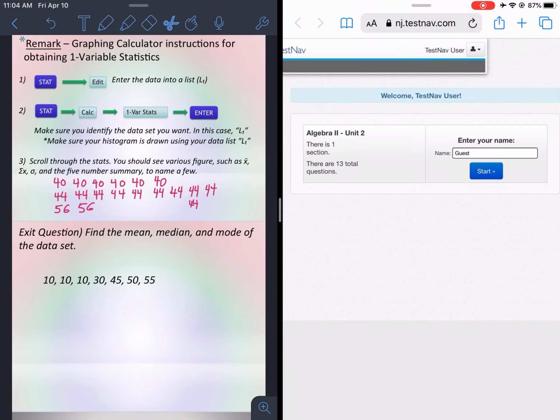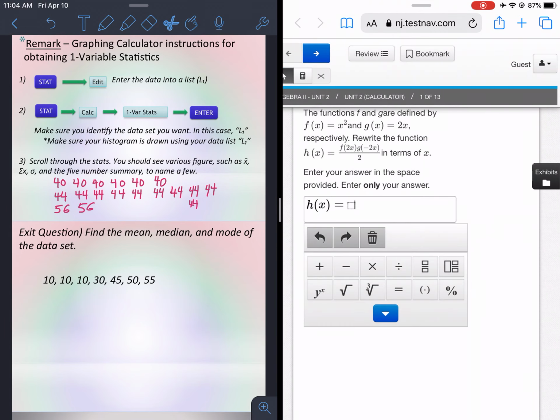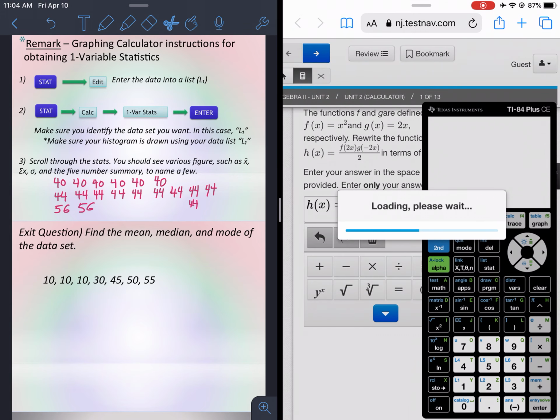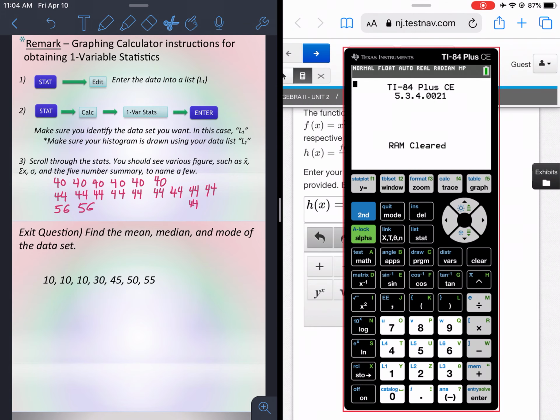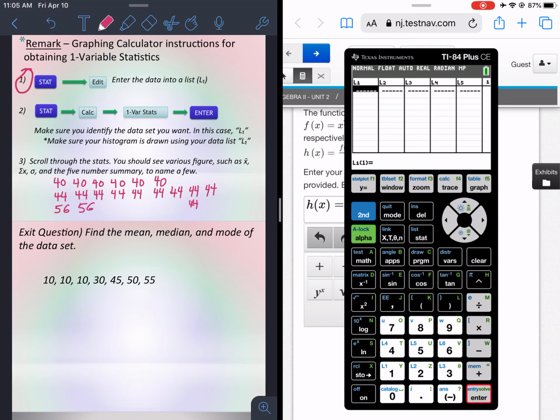It's just going to take a minute. Okay, here we go. So number 1 in the instructions, I'm going to press Stat and then Edit. Enter the data into L1. 40, 40, 40, 40, 40, 40. 6 of those.